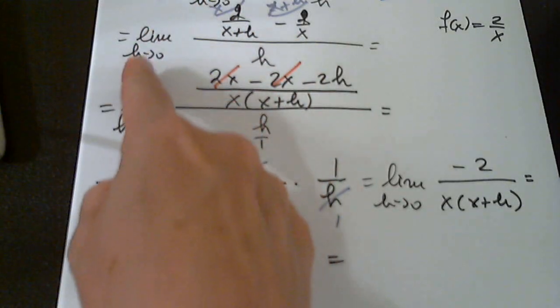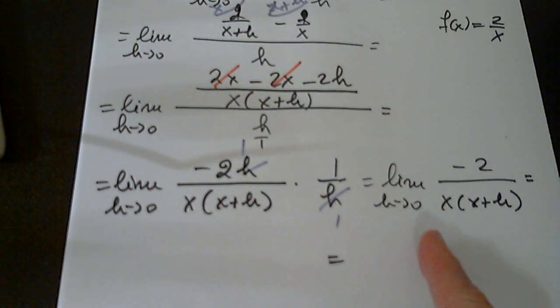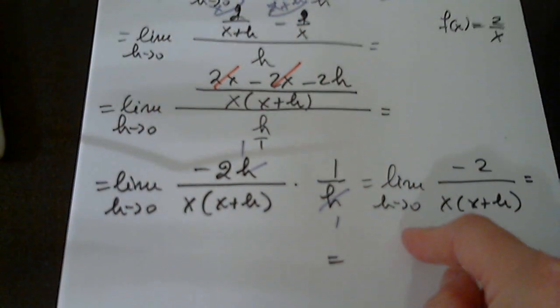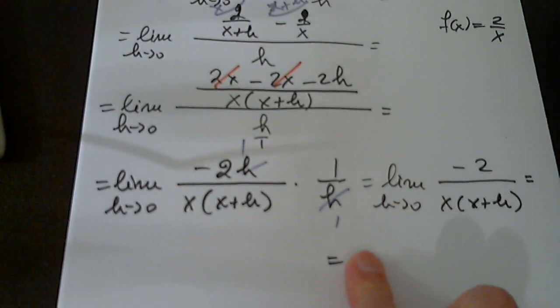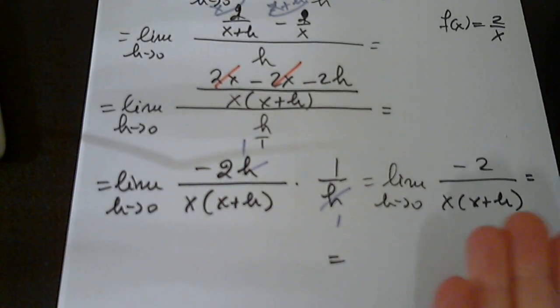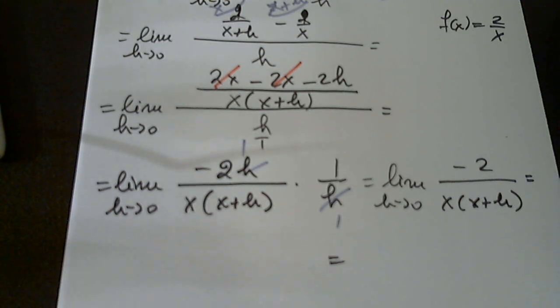Remember, I cannot drop the limit operator. I never drop the limit operator till I apply it. This is the only step when I apply it, so it will disappear. Do not drop the limit operator till the final stage. Can anyone find this limit as h approaches 0?